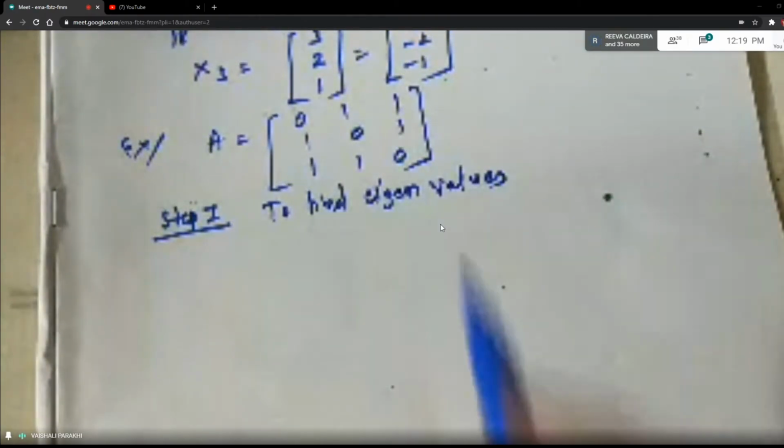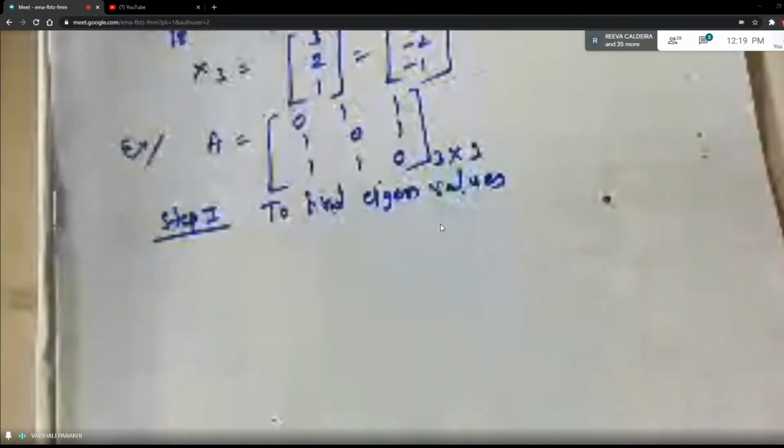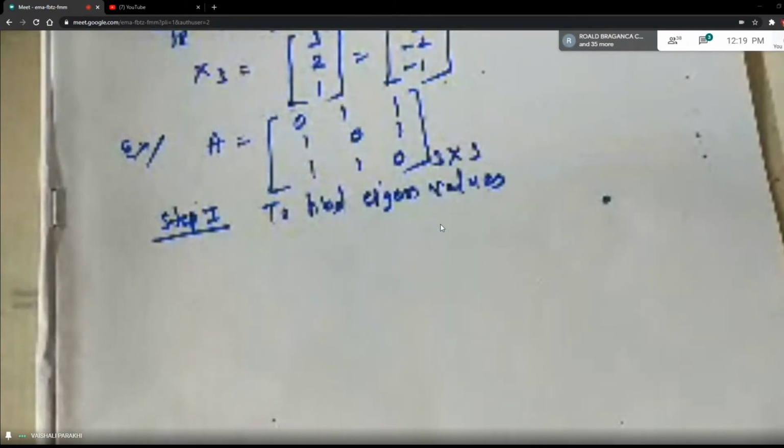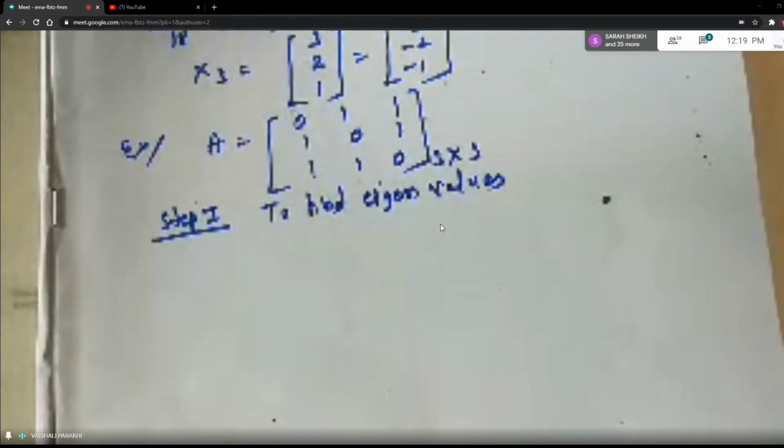To find eigenvalues, as the given matrix is of order 3 by 3, we can go for our shortcut method. Now see what is the shortcut method, students, which we use.